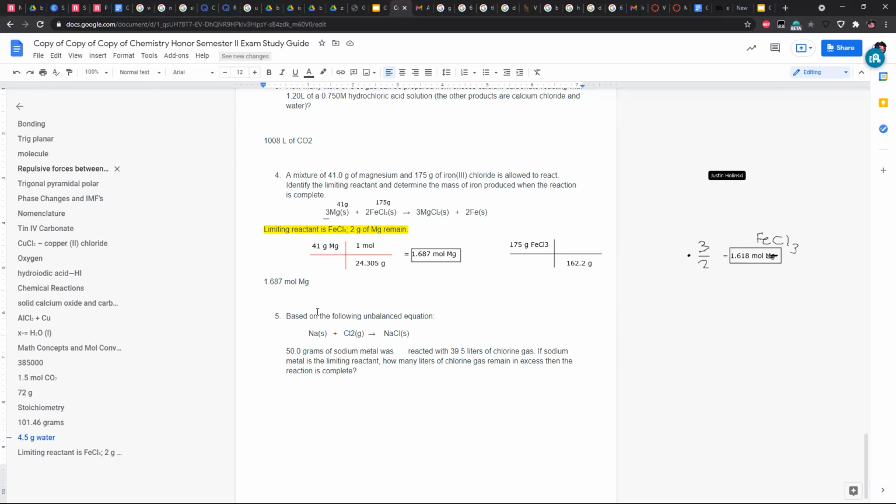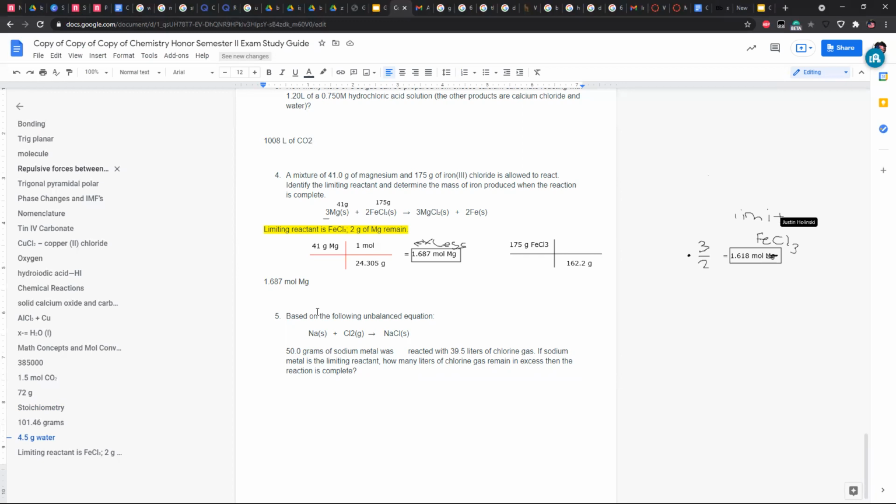So we have less of this than we do of this. We have 1.618 moles of iron 3 chloride. We have 1.687 moles of magnesium. So we have more magnesium, which means magnesium is going to be the excess reactant. And then the iron 3 chloride is going to be the limiting.